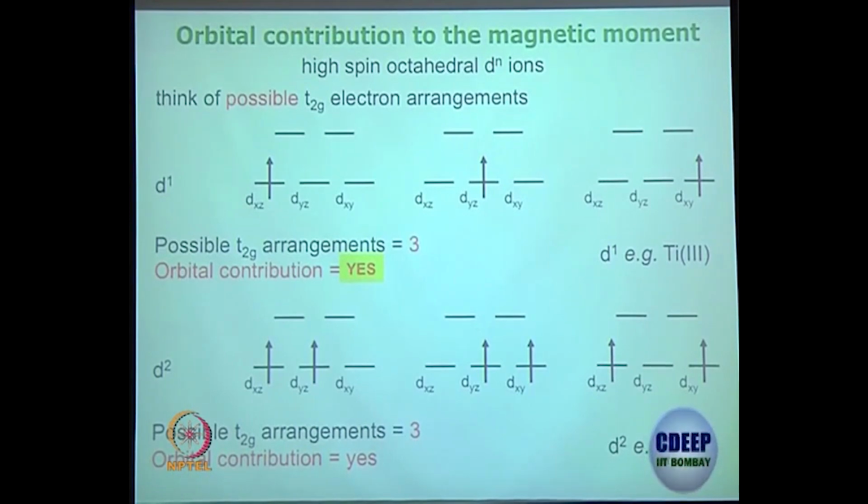But I can assure you that at least one question will be there on orbital angular momentum, if not two. So you can have 2 or 3 different configurations where orbital contribution is possible, yes.